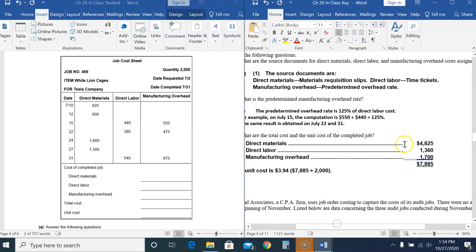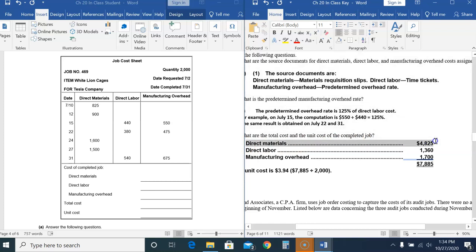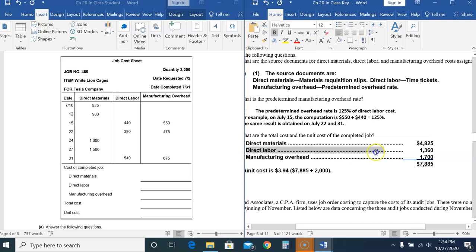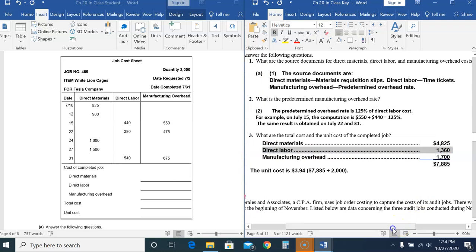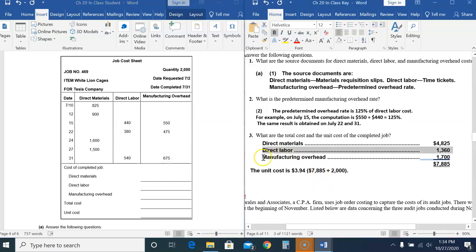Adding up 825, 900, 1600, and 1500, total materials costs incurred on that job were $48.25. Direct labor, adding those up, I would get a total of $13.60. Total estimated overhead recorded for that job, $1,700. Total cost of that completed job, $78.85.